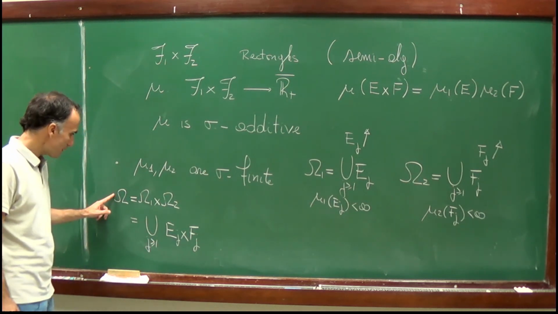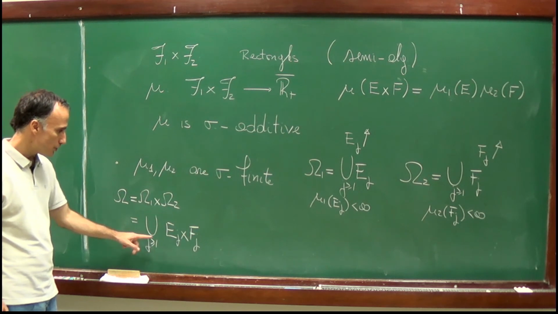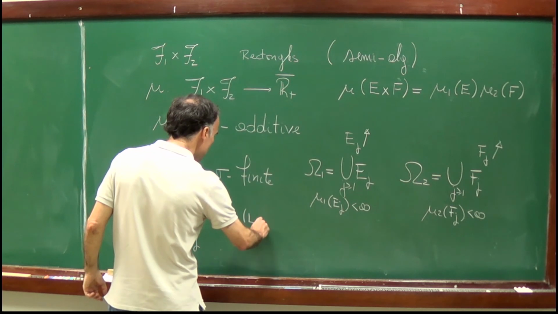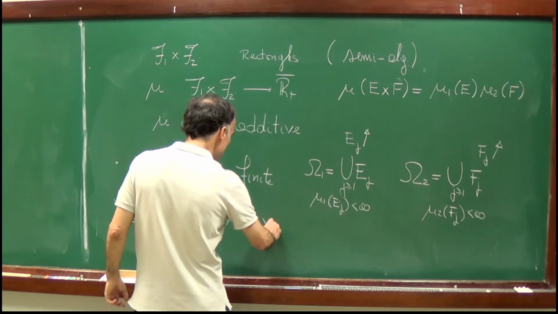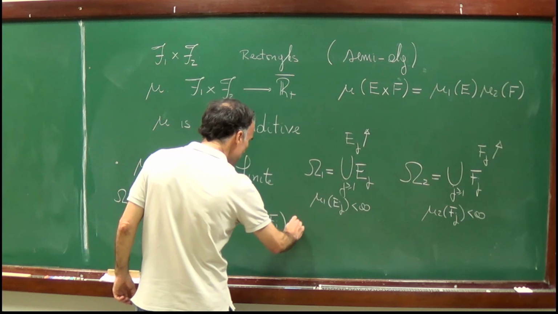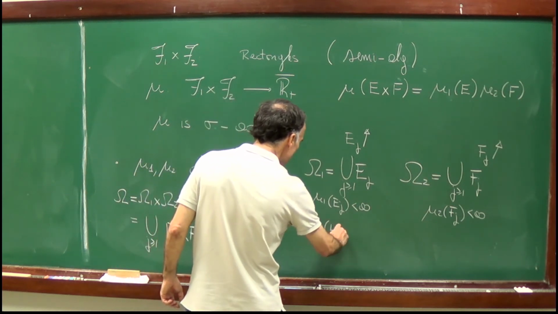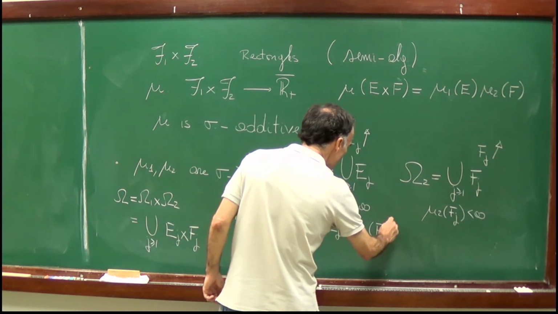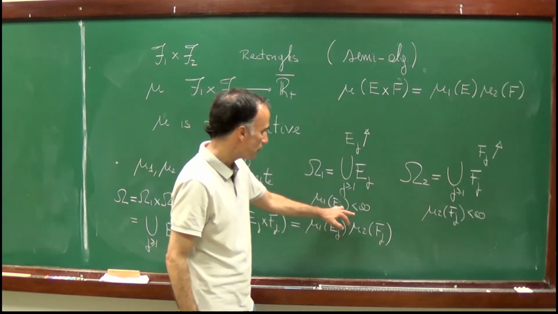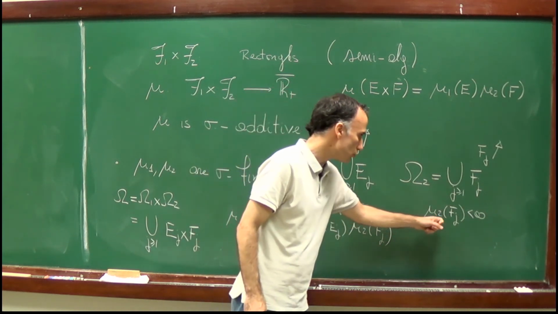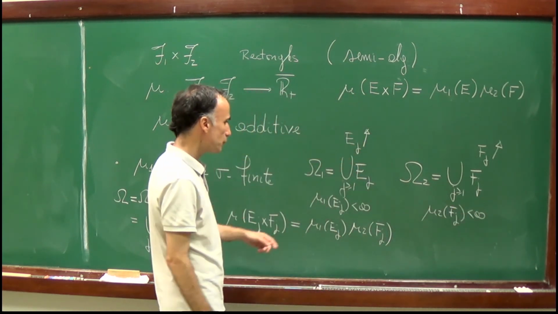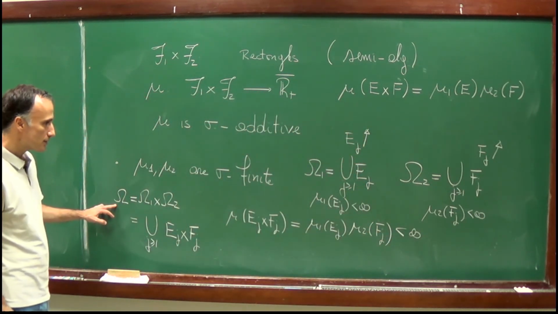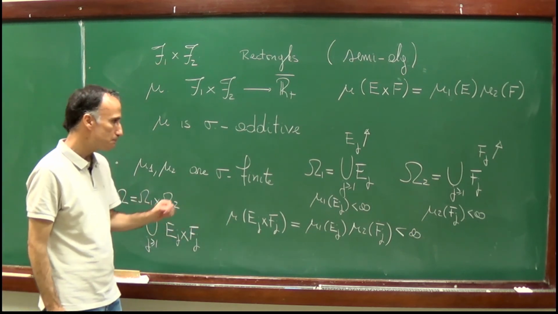And therefore, we are writing omega as a countable union of rectangles, and the measure of these rectangles, Ej times Fj, by definition is mu1 of Ej times mu2 of Fj, which is finite because mu1 of Ek for any k is finite, and mu2 of Fk is finite for any k. Therefore, this is finite. And this proves that omega is in fact sigma finite for the measure mu.